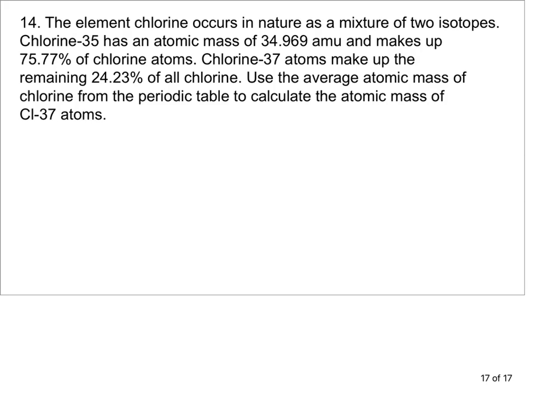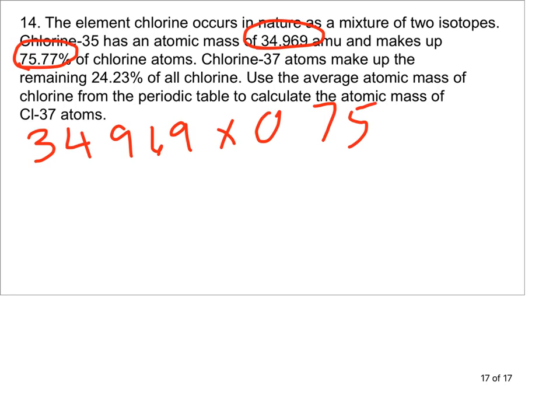And chlorine is made up of a couple of isotopes. So we're going to do the same thing. I've got 75%, and 34, so 34.969 times 0.7577.